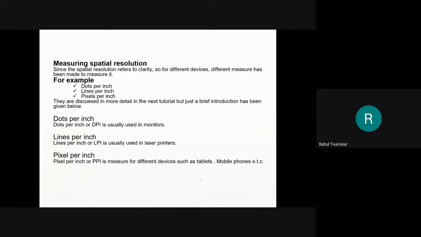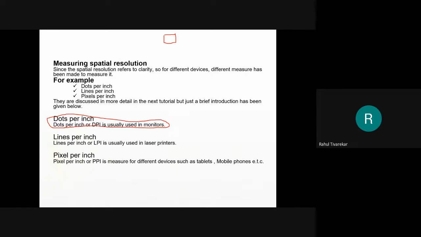Let's go ahead. The spatial resolution for multiple applications or multiple hardwares can be defined or measured in different ways. For monitors, it is measured by using dots per inch. It means how many horizontal and vertical dots can be displayed in a 1 inch size.